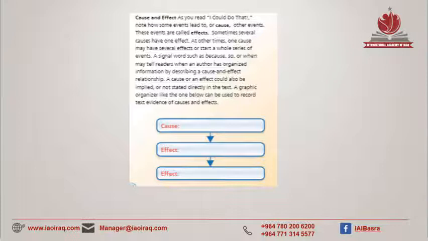A signal word such as because, so, or when may tell readers when an author has organized information by describing a cause and effect relationship. A cause or an effect could also be implied or not stated directly in the text. A graphic organizer like this one below can be used to record text evidence of causes and effects.